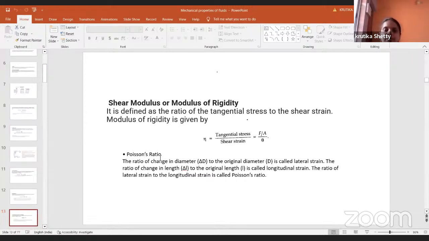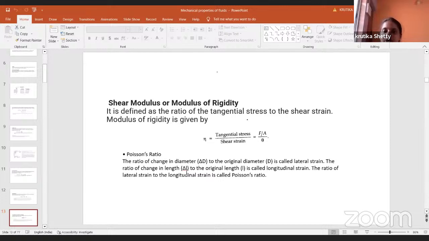Then one more point is Poisson's ratio. What is this Poisson's ratio? Poisson's ratio is nothing but the ratio of change in diameter to the original diameter. Aita? And it is called as what? Lateral strain. So illi change in diameter to ನಾವು ಇಷ್ಟರವರೆಗೆ ಲೆಂತ್ ಮತ್ತೆ ವಾಲ್ಯೂಮ್ ಬಗ್ಗೆ ಡಿಸ್ಕಸ್ ಮಾಡಿದ್ವಿ. So Poisson's ratio, it is a special case here. It is the ratio of what? Change in diameter to the original diameter ಅನ್ನ lateral strain ಅಂತ ಹೇಳ್ತಾರೆ, ಆಯ್ತಾ?